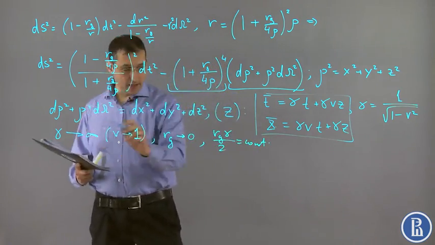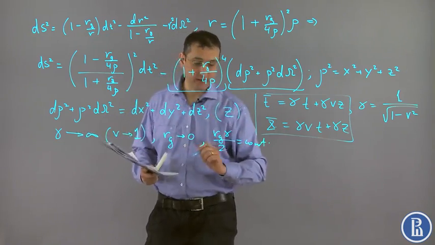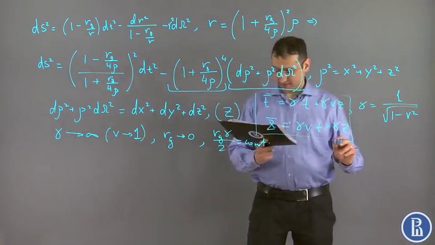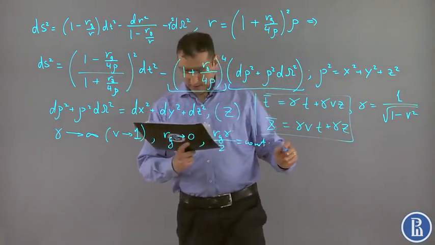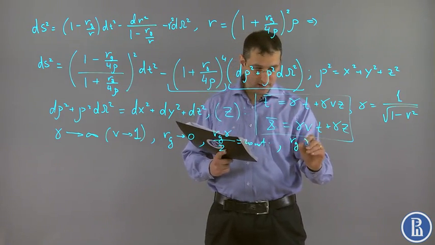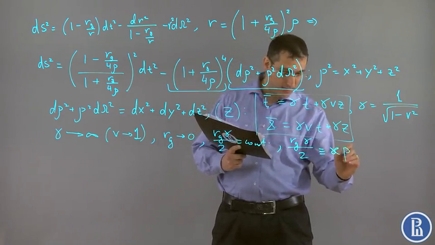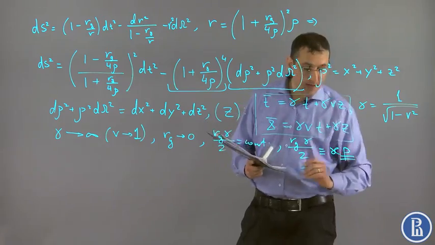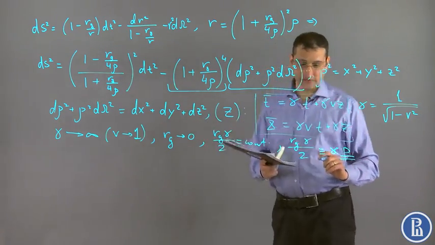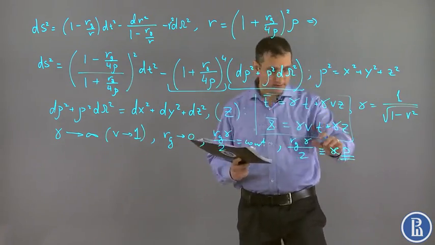So we take gamma to infinity, r_g to 0, but we keep this quantity fixed. This quantity, r_g times gamma over 2, is kappa times p, where p is the modulus of the momentum in this limit.